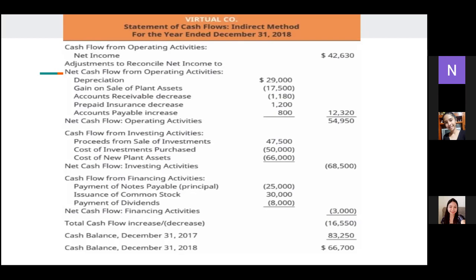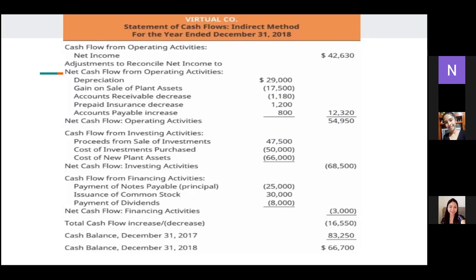And accounts payable increase naman, which is 800. So, it has a total of 12,320. So, now we will add this to our net income na nakuha natin kanina na 42,600. So, we have a net cash flow from operating activities amounted to 54,950.